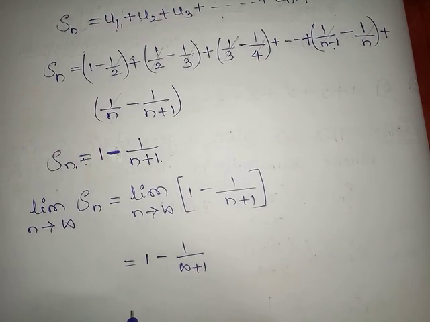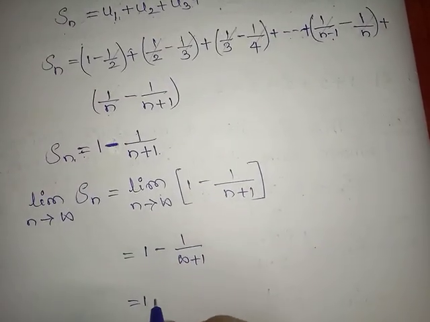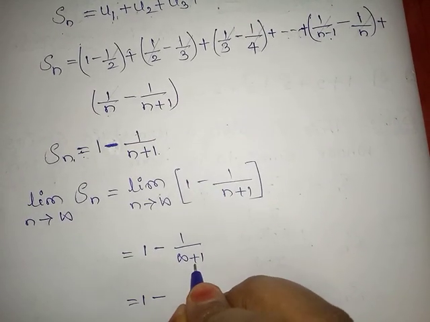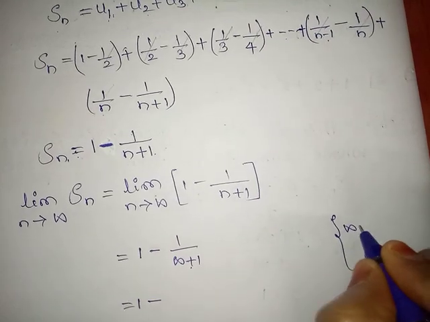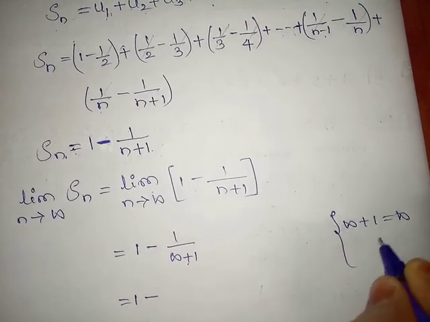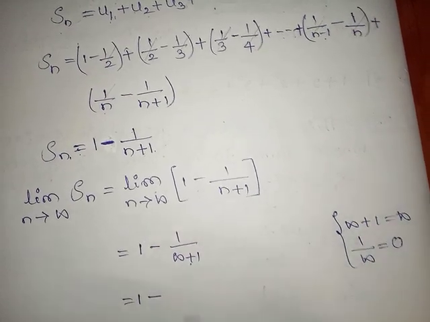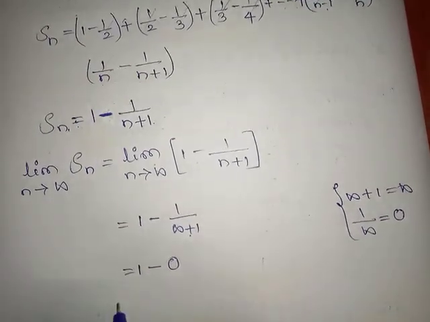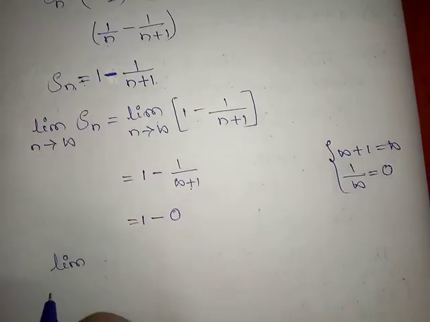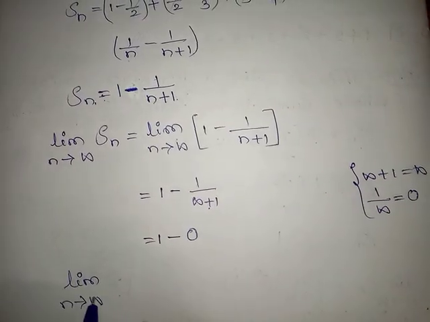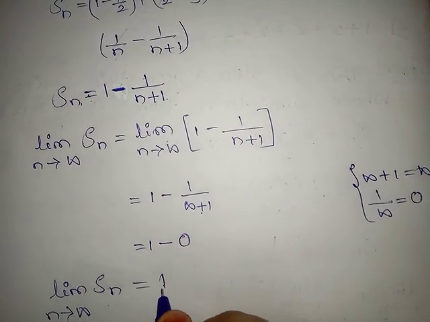We know that when we add anything to infinity, again it will be infinity. I will write here infinity plus 1 is again an infinity, and 1 by infinity is 0. Therefore it is 1 minus 0. Therefore limit n tends to infinity, Sn is equal to 1.